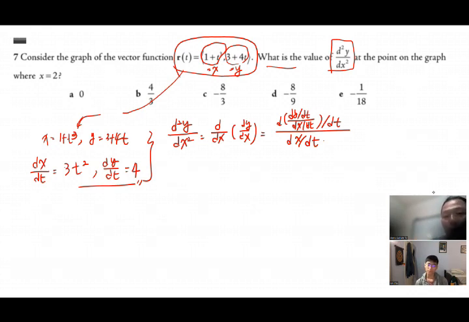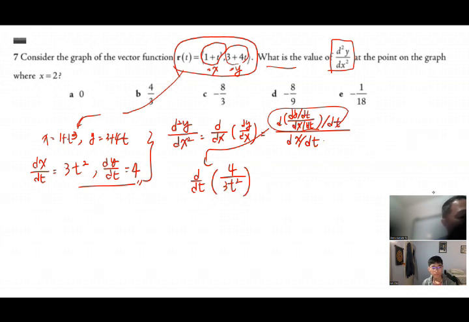The numerator is d over dt of 4 over 3t squared, which is the same as 4 over 3 times d over dt of t to the minus 2, which gives minus 8 over 3 t to the power of minus 3.